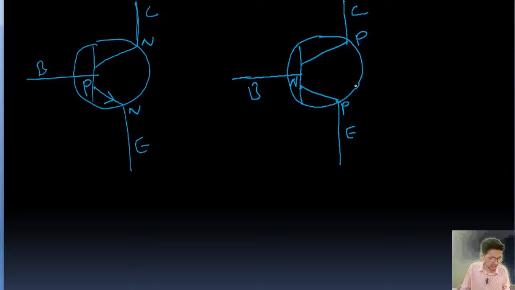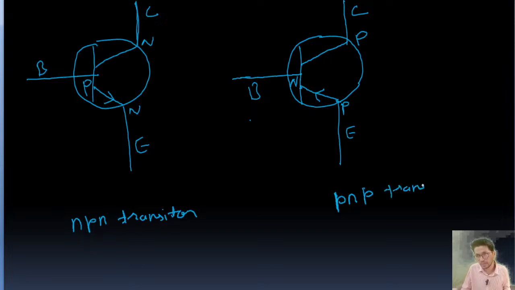And the direction of current will be P to N. So this is the NPN transistor symbol, and this is PNP transistor.